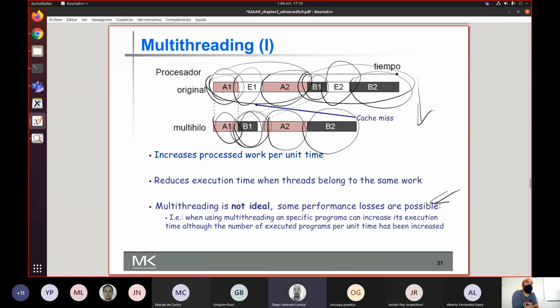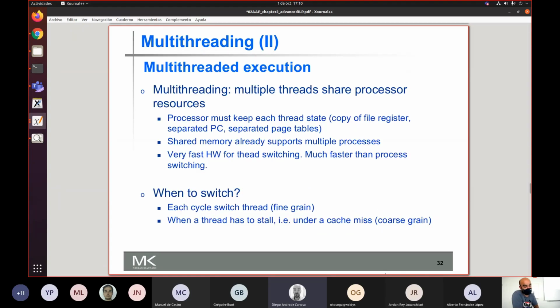But at the end, you are promoting a better utilization of the resources of your computer. So this is the basic idea.